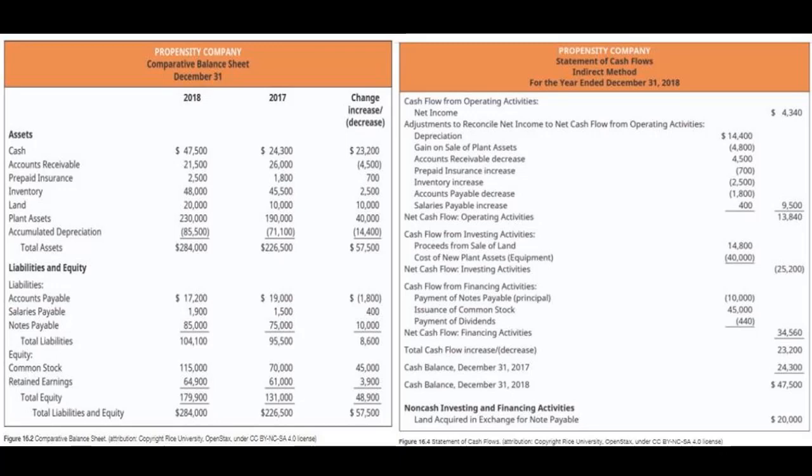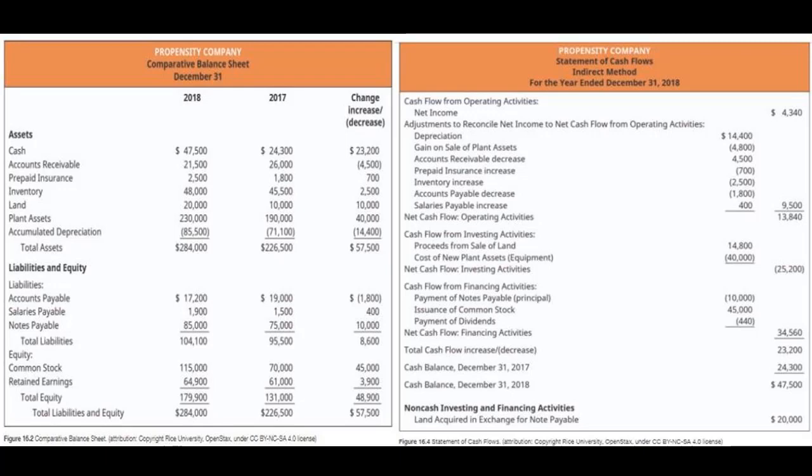In other words, for the most part, the numbers in the fourth column of 16.2 are used to populate or complete the schedule in 16.4. And even when there seems to be a discrepancy, you should be able to reconcile it. Let me give you one example of that.